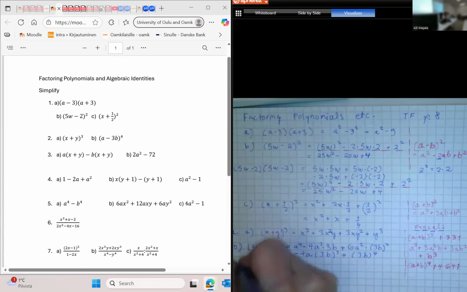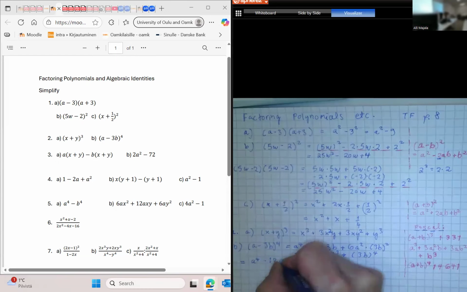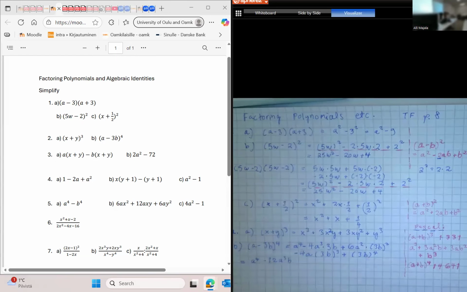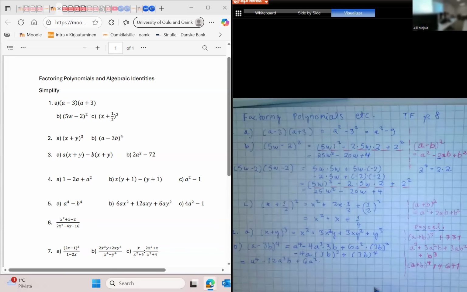I take a little bit more space, then I just open this quickly. So here I can, of course, multiply these numbers. Minus 12, a in the power of 3, b. Then I can put 6a in the power of 2 times, now 3 in the power of 2. So it's 3 times 3 is 9.